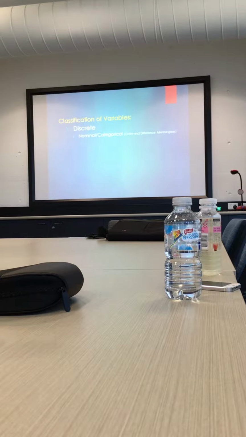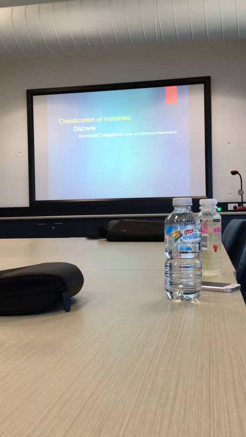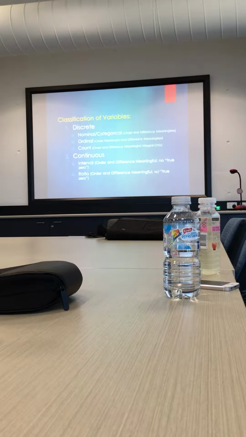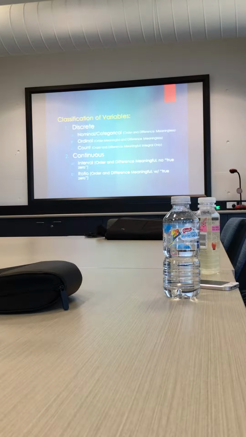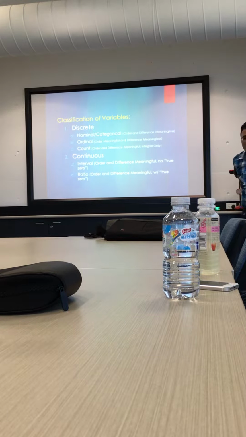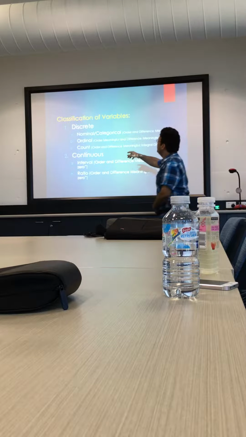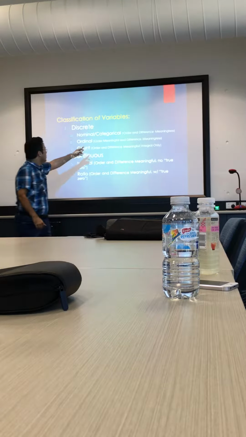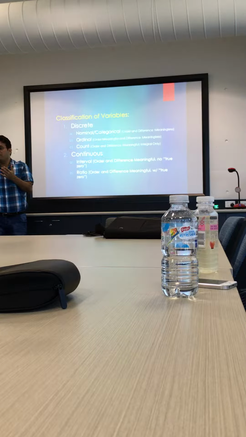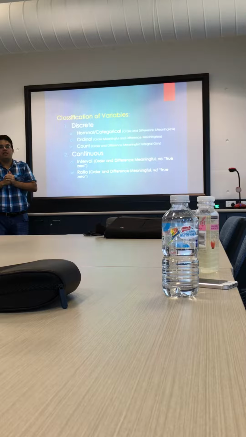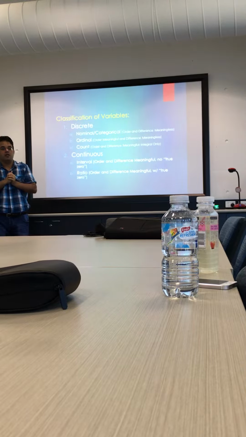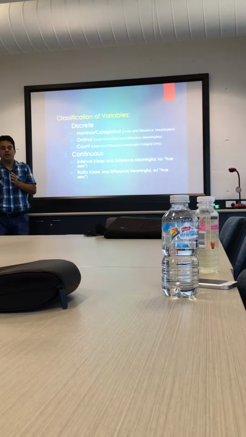Okay, as Fahmi mentioned, we have discrete data and continuous data. This is the famous data we have. So, I will make it easy to understand. We have discrete here: nominal or categorical, ordinal, counts. Nominal is related to names, like the names of famous cities in Europe, London, Paris, and so on.